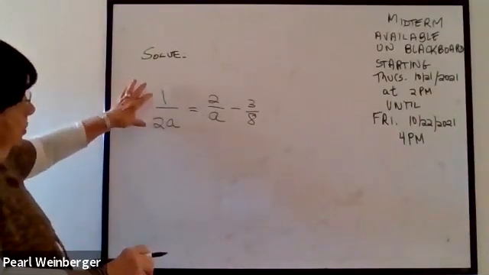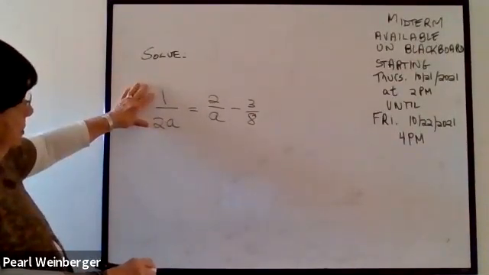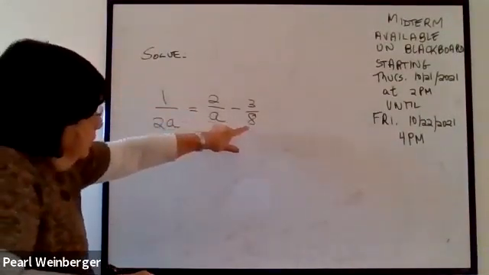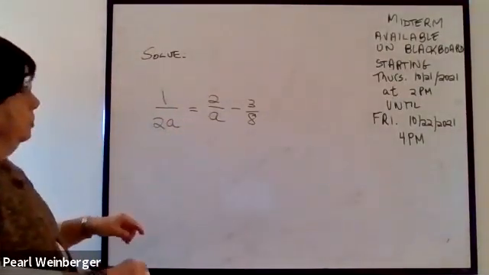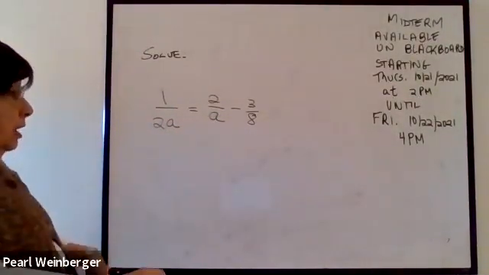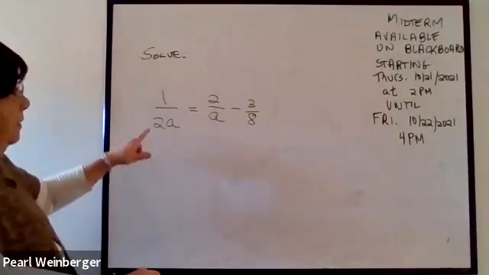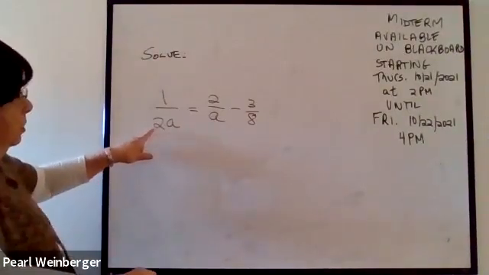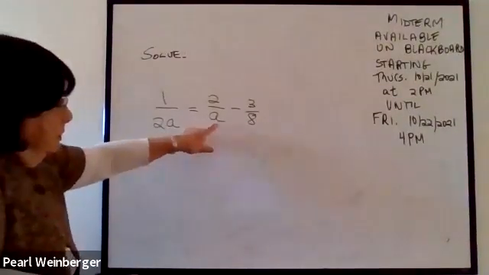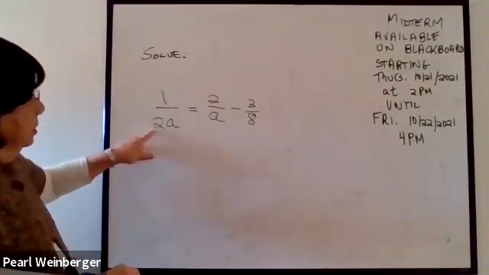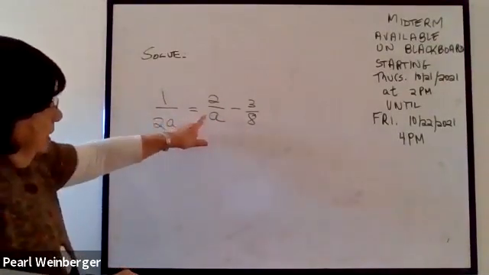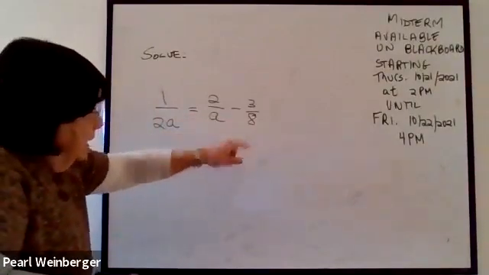Again, we have one fraction over on this left side, but on the right side, we have two fractions. So we're going to use our common denominator method. Since our denominators are monomials, we're going to first look at the numbers. There's a 2, obviously this is a 1 and this is an 8.